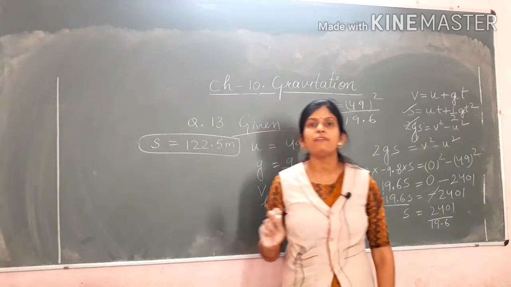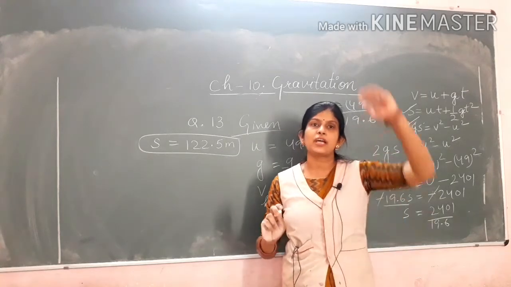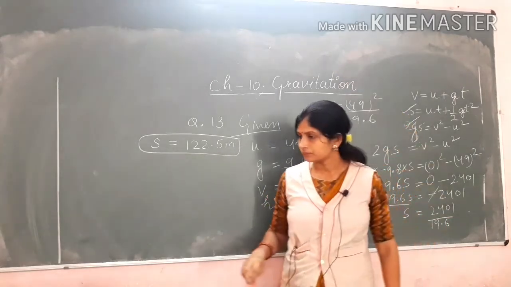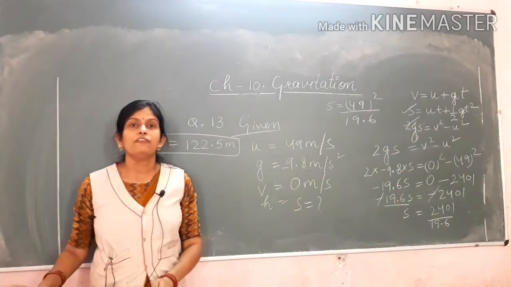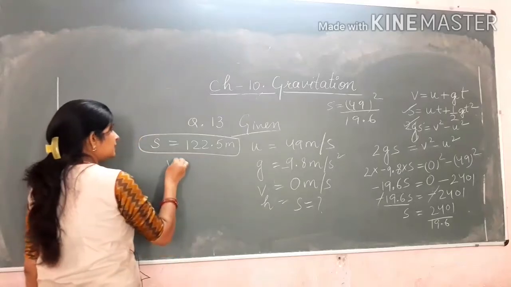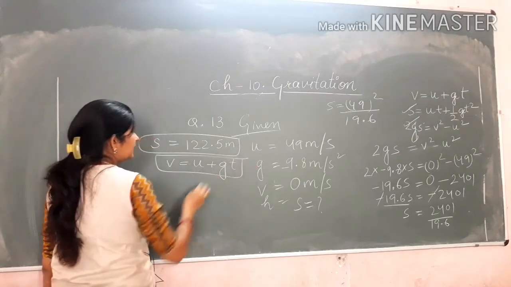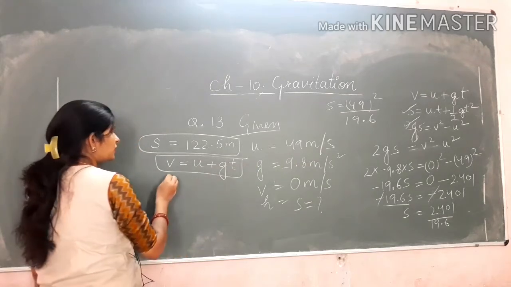So firstly we have to find in how much time it reaches this height. For this we will apply the first equation of motion, that is v is equal to u plus gt.